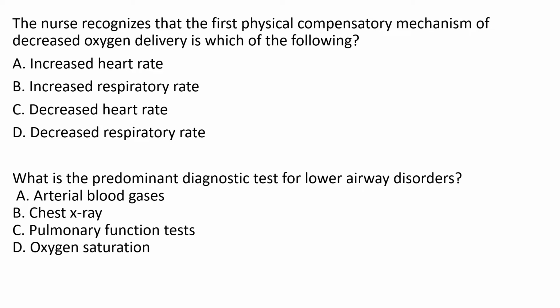Lower airway disorders include asthma and COPD, and pulmonary function tests include the FEV1 and FVC. So the major diagnostic test for lower airway disorders is the pulmonary function test because it's going to assess the air movement. Let's go to the next one.